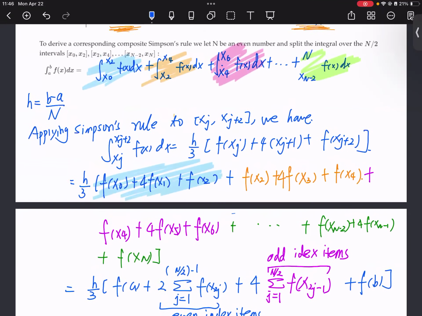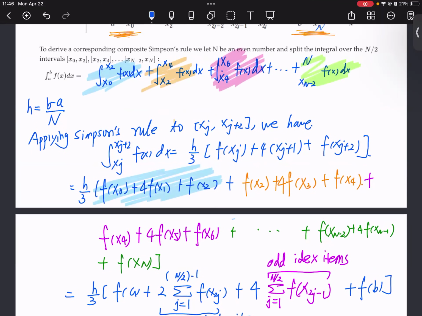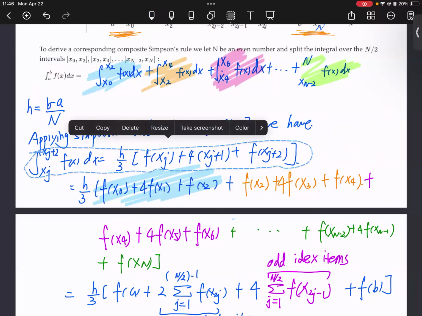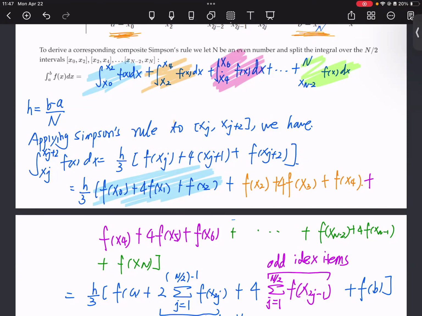So one thing I missed here is, this is not an equal sign. This is not true because the right-hand side is the approximation, right? And the left-hand side is the exact value. And actually, we should have something here that represents the error term. Let's write this down. Next time we will analyze the error term as well.